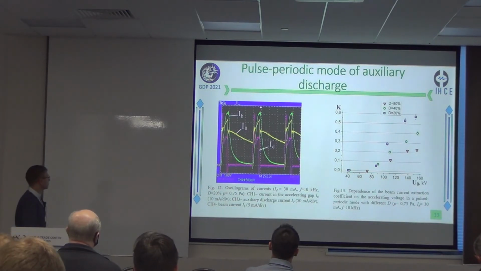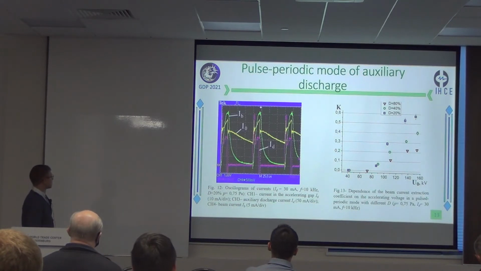For changing the plasma boundary and improving the ion-electron optical system, we used a pulse periodic mode of auxiliary discharge, and there you can see the oscillograms.